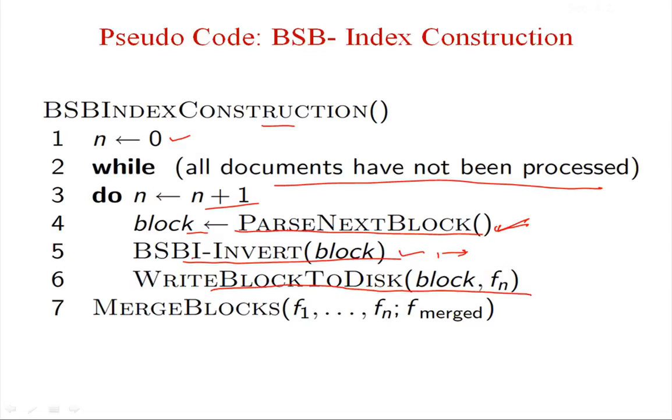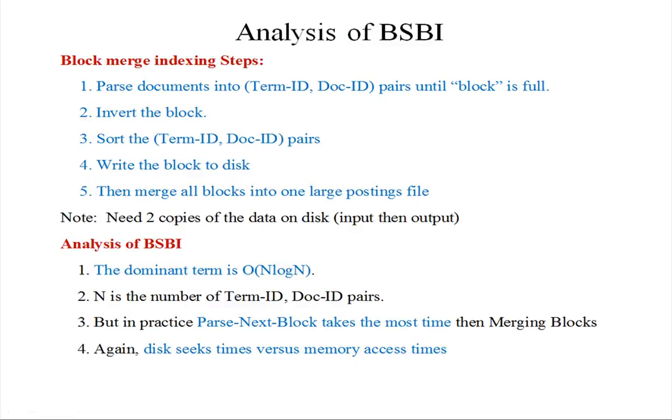Then we will write the blocks to the disk. This is the merging step. We will take the block pairs one by one and merge them and then write back after preparing the index. This is the analysis of the BSBI algorithm.